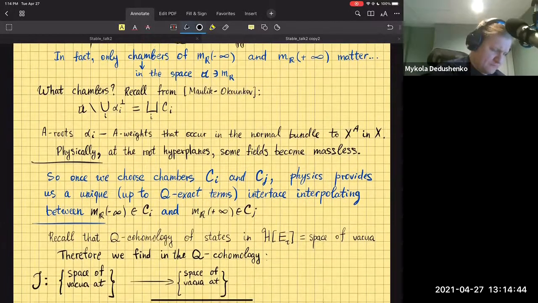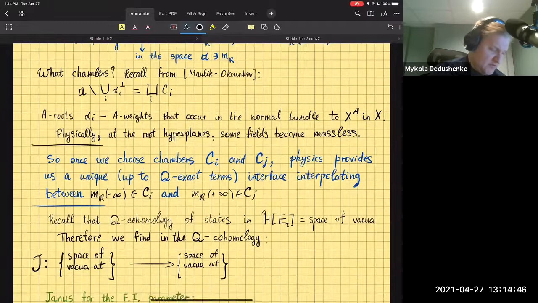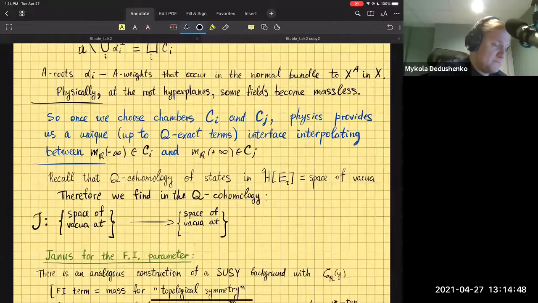Now, as I already reminded you, recall the Q cohomology of states, which means considering Q as a linear operator acting on this Hilbert space. It's just the space of vacua.